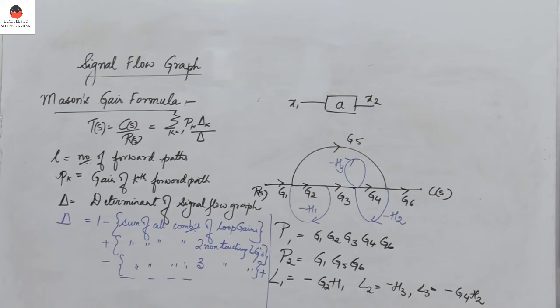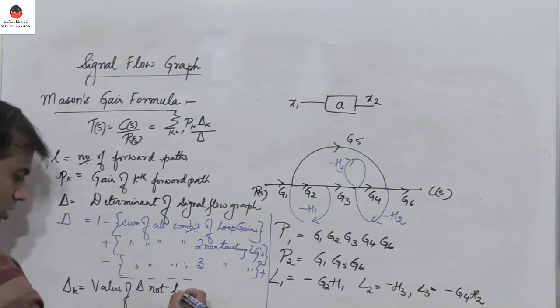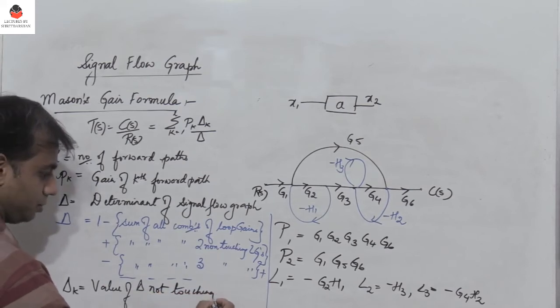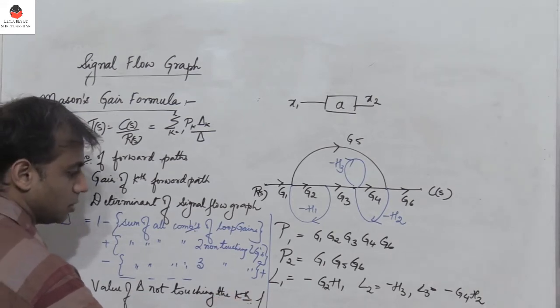And what is delta K? Delta K is the value of delta not touching the kth forward path.